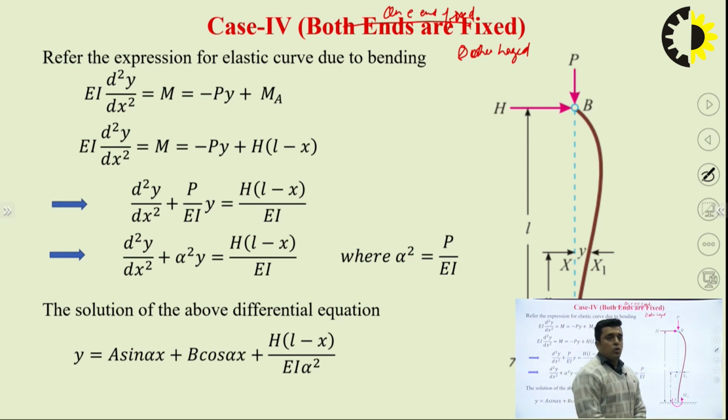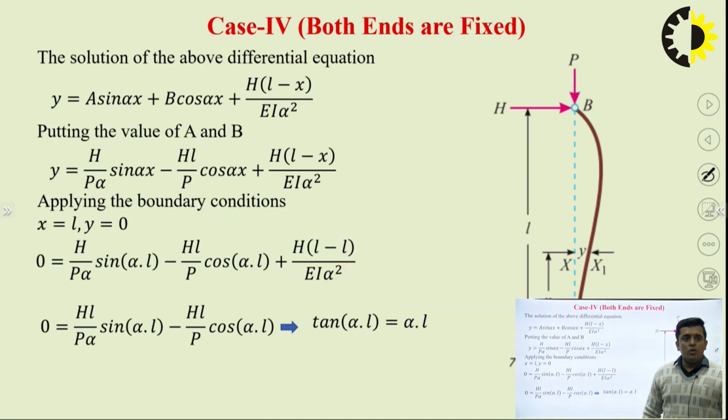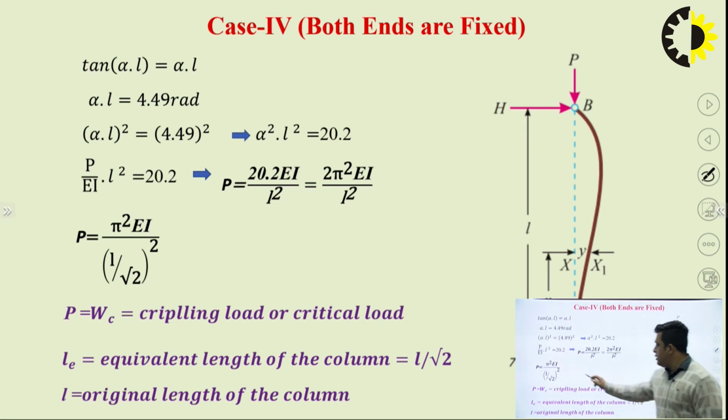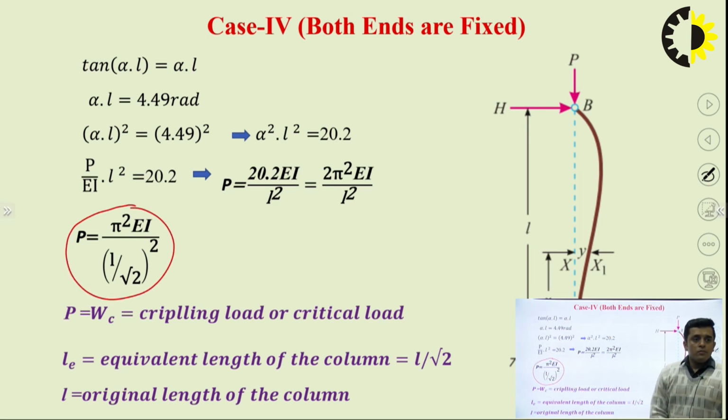You are going to calculate the value of moment and replace it using the boundary conditions, same procedure, and lastly you are going to get the value like this. Now, you are getting Le equal to L by the square root of 2. So, in all cases you are getting different values of equivalent length.